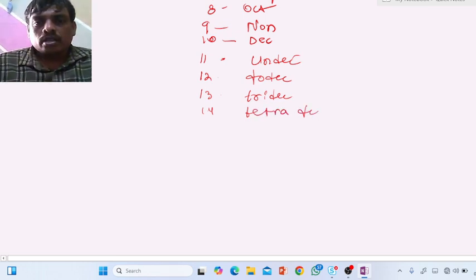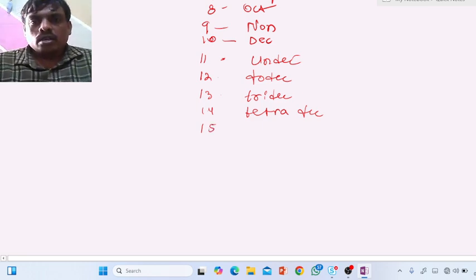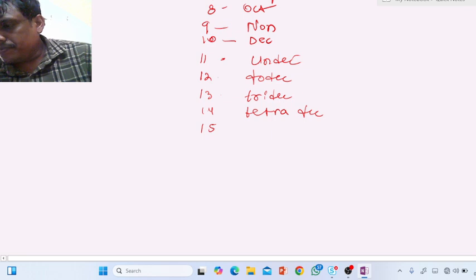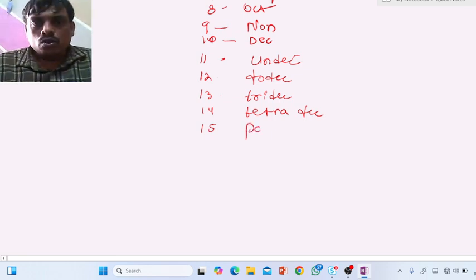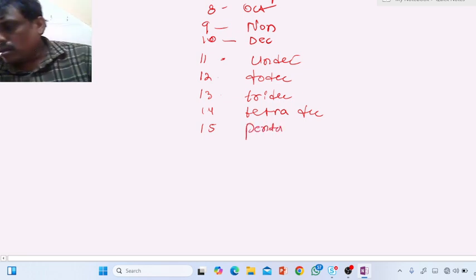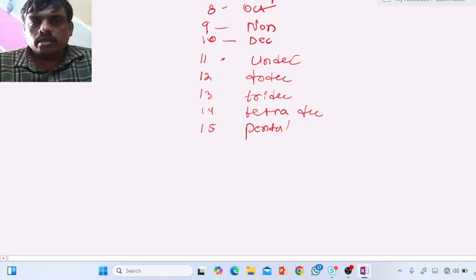Tetra means 4, so 14 is tetra 4, deca 10. 15 carbons, pentadeca.